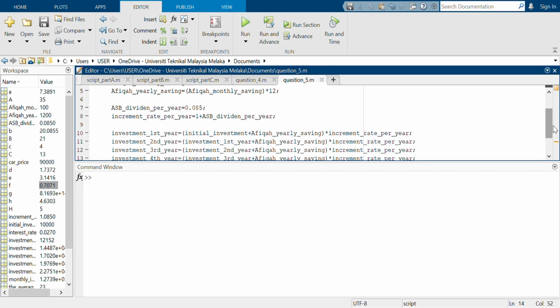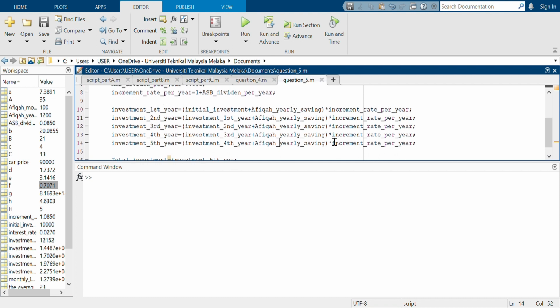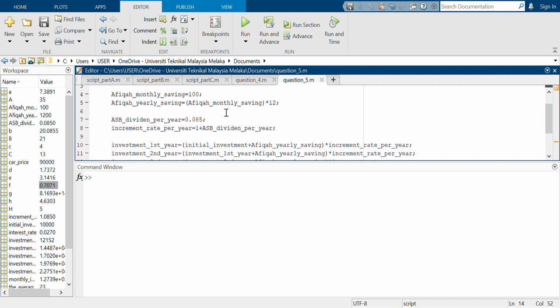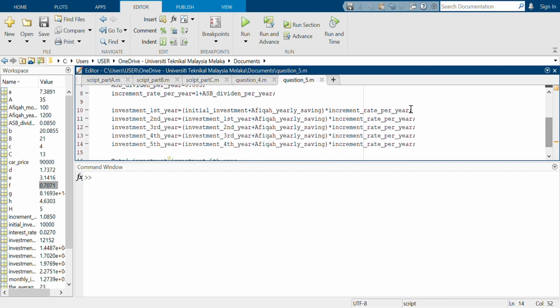1 represents the initial investment, so then we can calculate the investment for the 5 years: 1st year, 2nd year, 3rd year, 4th year and 5th year. For the first year, we take the initial investment, which is 10,000, plus Africa's yearly saving, which is 100 times 12, and then we times it with the increment rate per year.